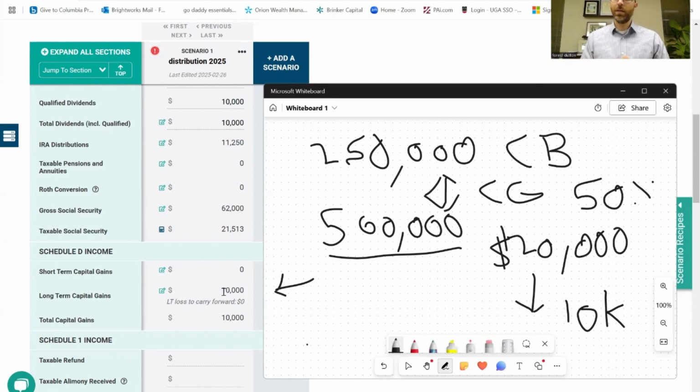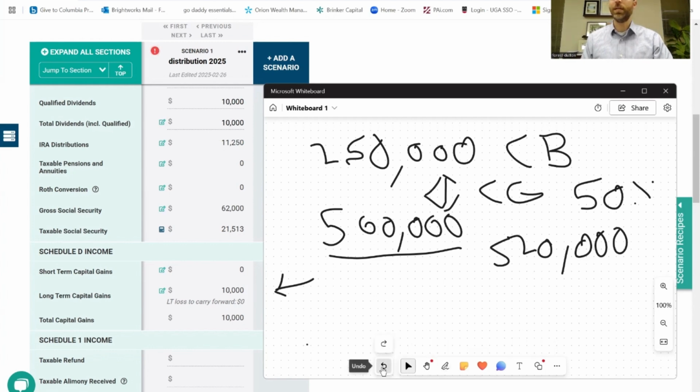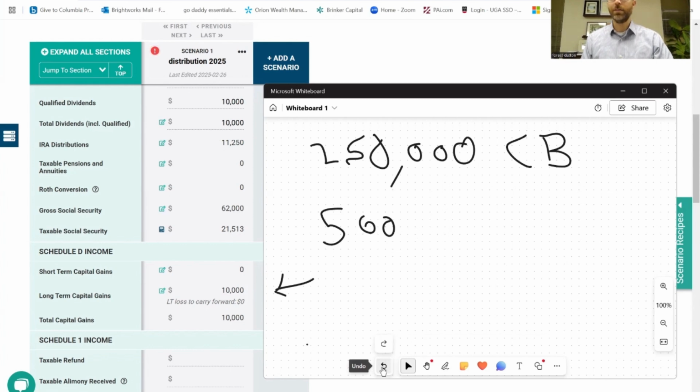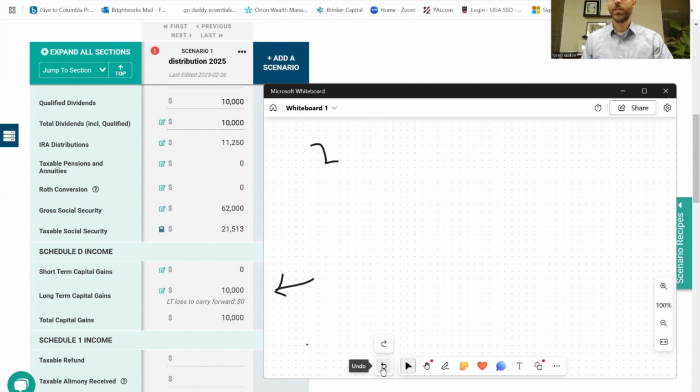So when I look at a tax planning software and I have a $10,000 capital gain, assuming that this is being used for retirement income and distribution, that doesn't mean that you only pulled out $10,000. It means only $10,000 is taxable to you. Now, the good news about that is that means the other 10,000 is essentially tax-free or it doesn't flow over into your taxes. That would be considered a return of cost basis. So that's kind of where this 10,000 came from.